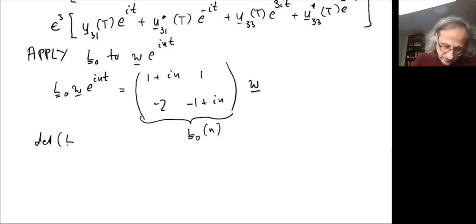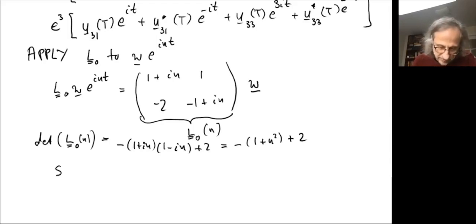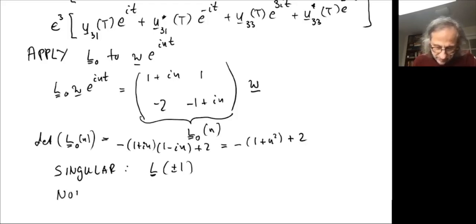If I calculate the determinant of L0 of n, that's simply minus 1 plus i n times 1 minus i n plus 2, which is minus 1 plus n squared plus 2, which is non-zero except when n is equal to plus or minus 1. So singular is only L0 of plus minus 1, and not singular for all the others.